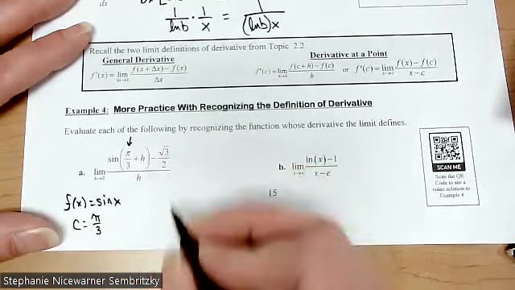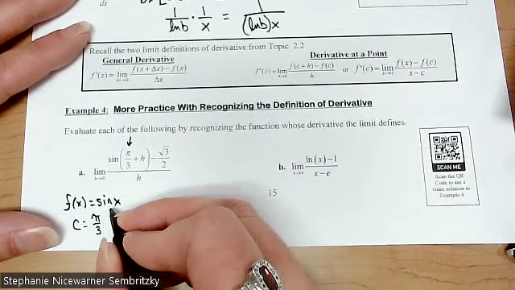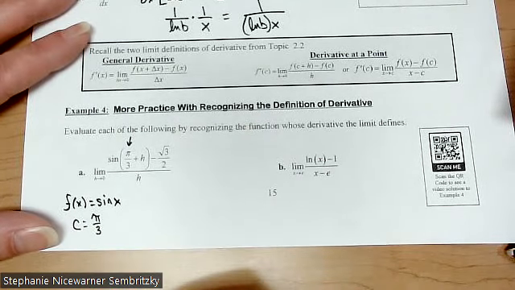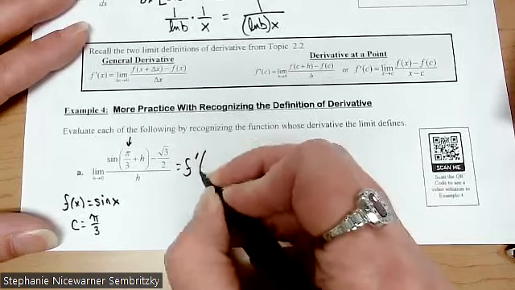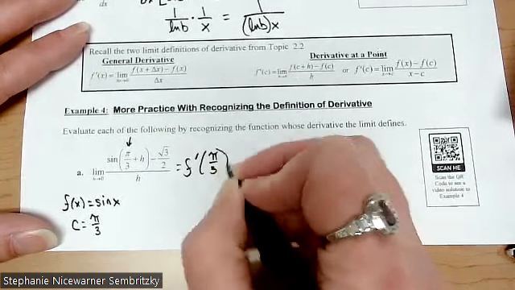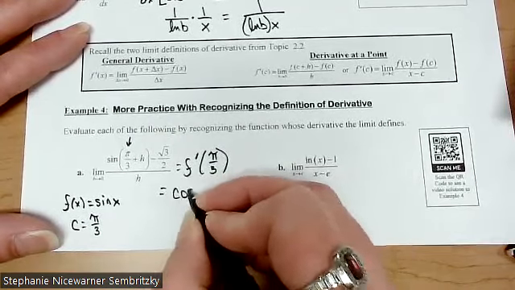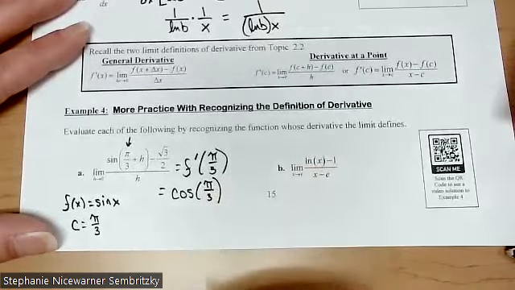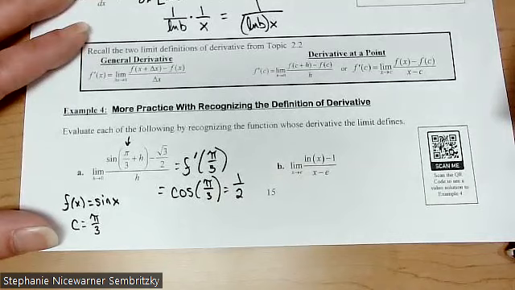So what this is really doing, this really means to take the derivative of sine at pi over 3. So we're finding f prime of pi over 3. Well, the derivative of sine is cosine. And cosine of pi over 3 is 1/2.